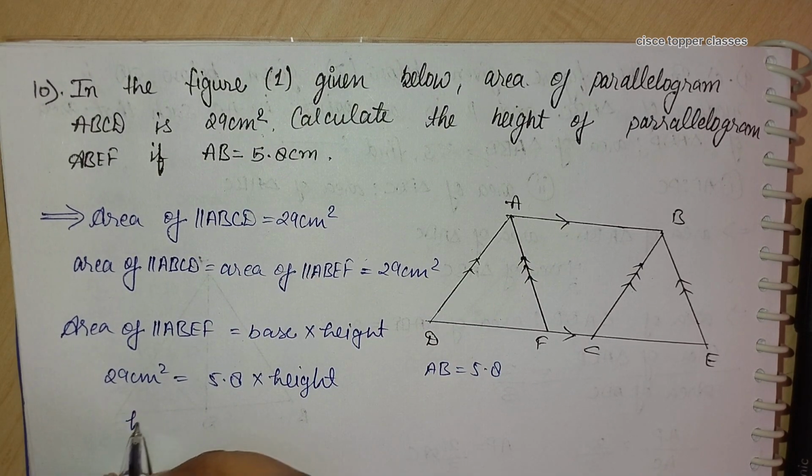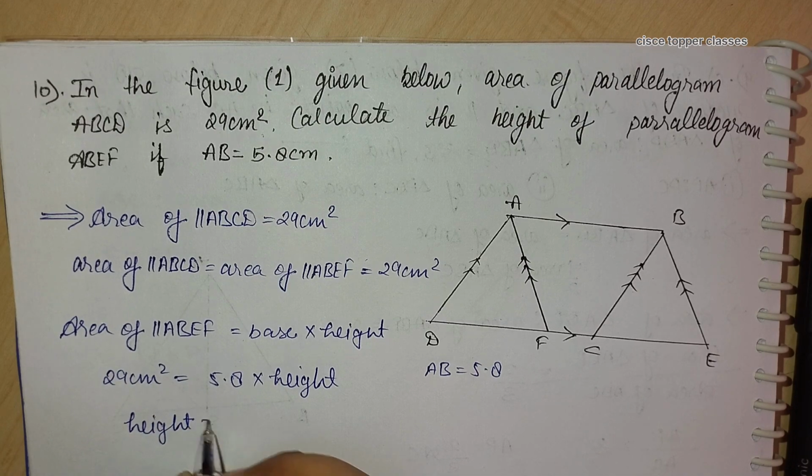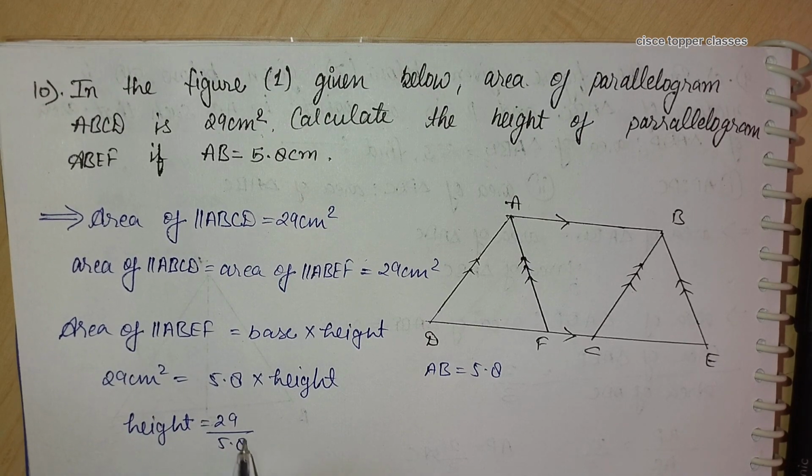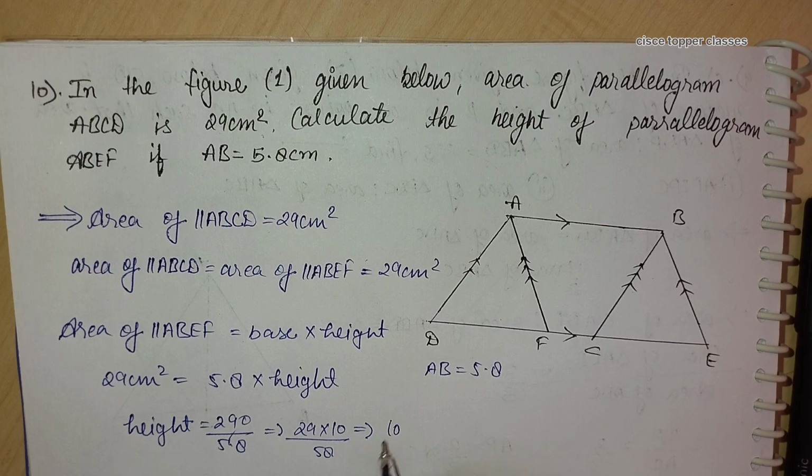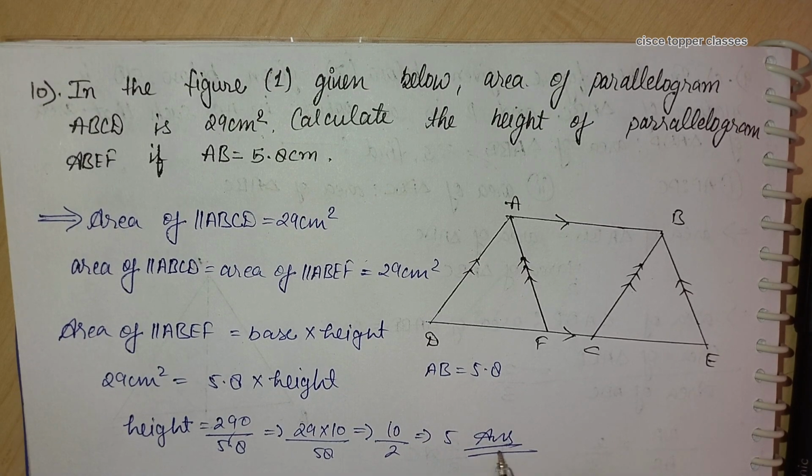From here we can find the value of height as 29 divided by 5.8. Here we will divide, so it will be 29 into 10 divided by 58. This will be 10 by 2, equal to 5. So this is the final answer in the 10th first part.